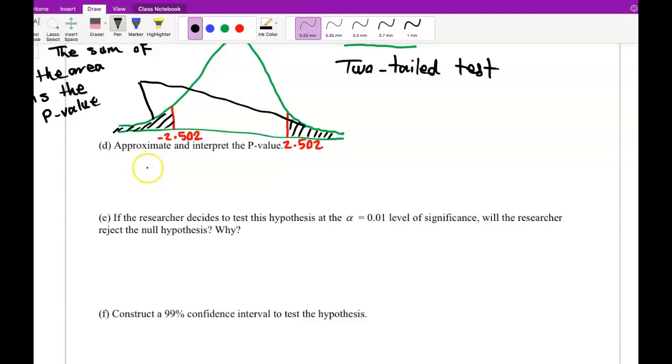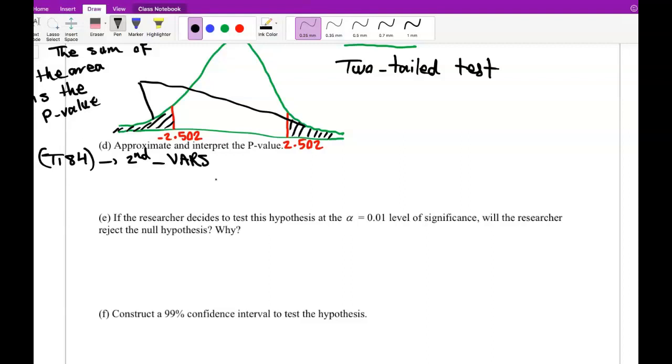Here we can use a calculator. Using a TI-84 or 83, we should use tcdf. Let me show that on the calculator. First press second, then vars.